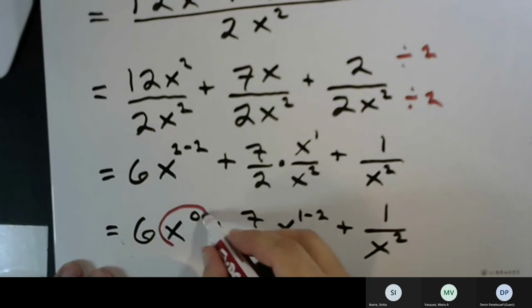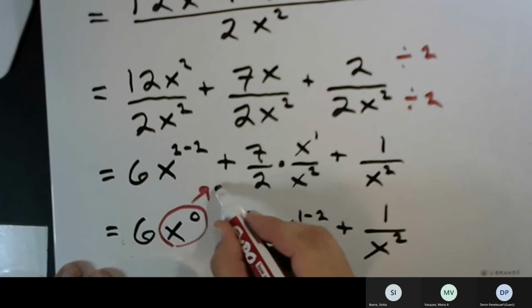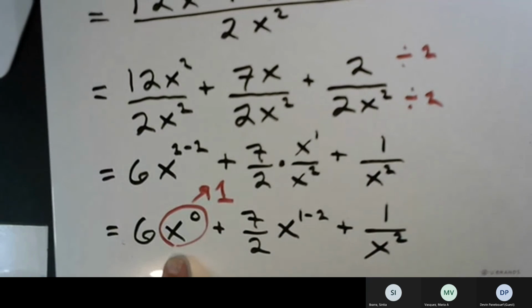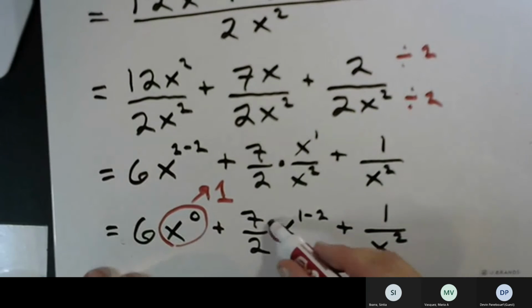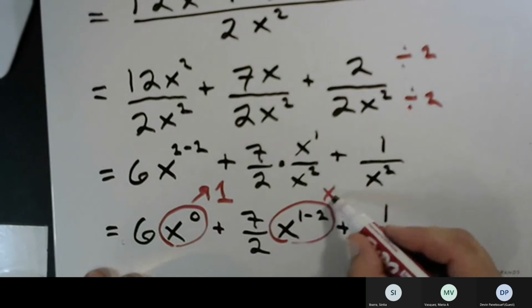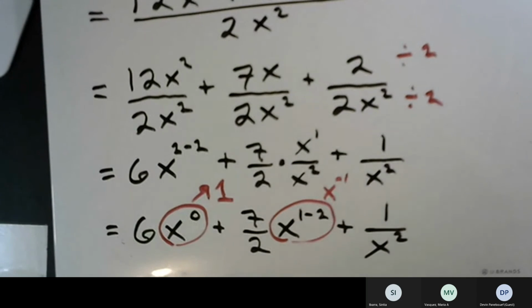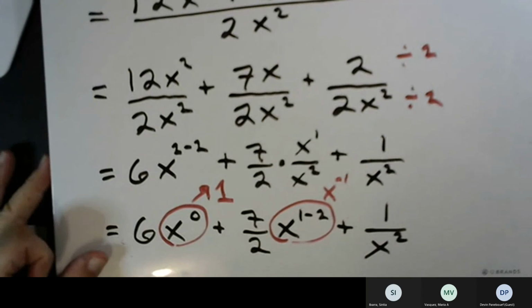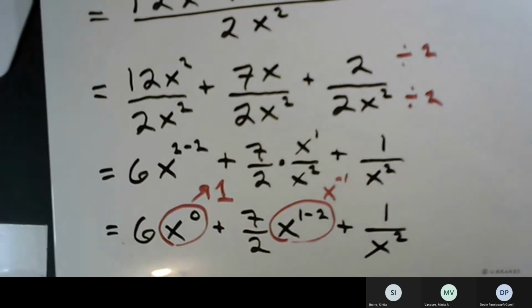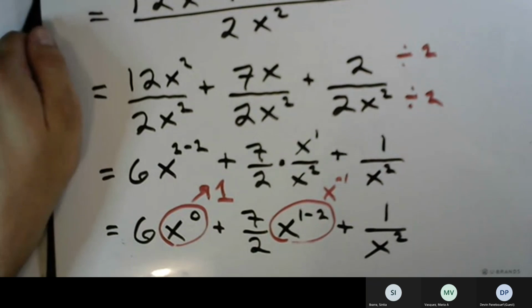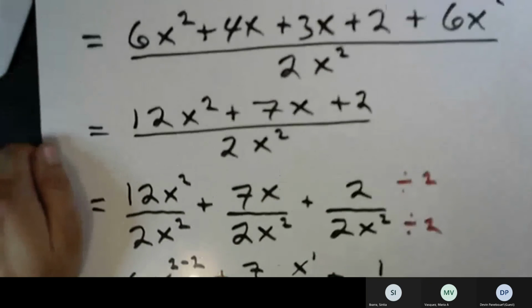So x to the 0 is going to become 1, and again we're assuming that x is not 0 in this case. This will be x to the minus 1. So that's going to give us, well, any questions so far? All right.